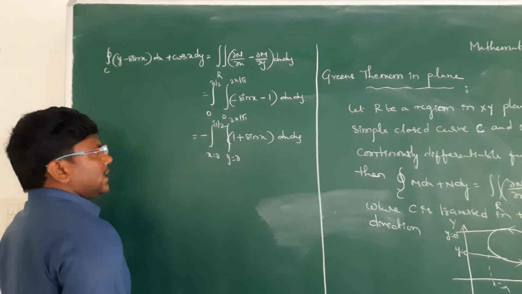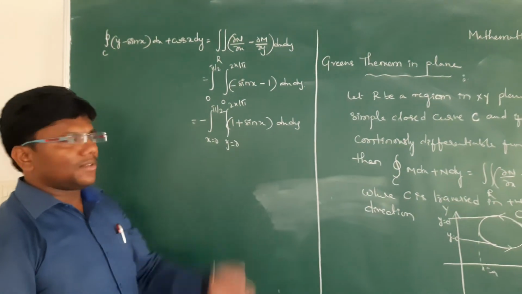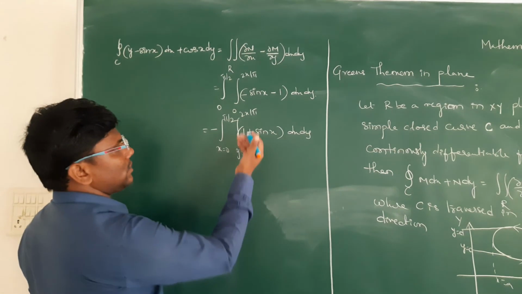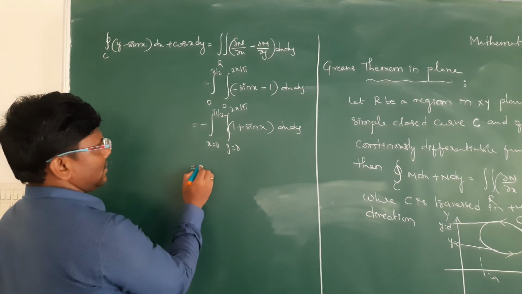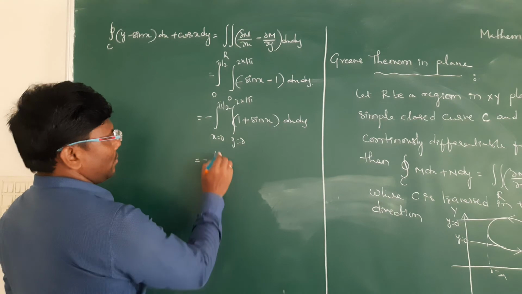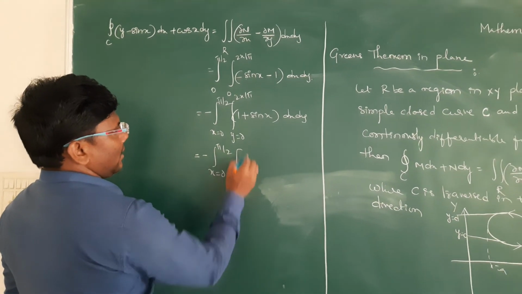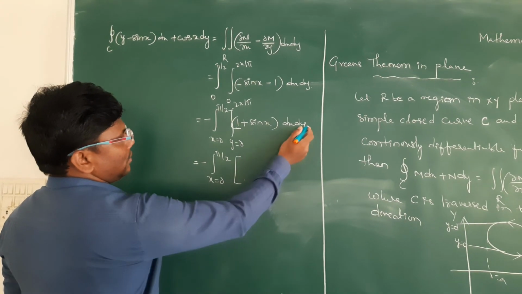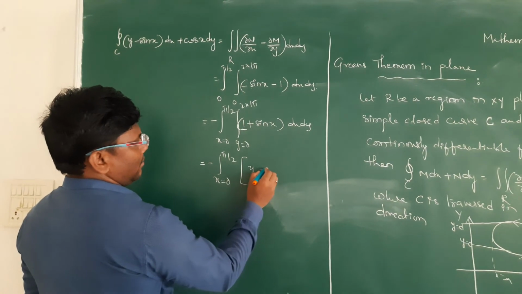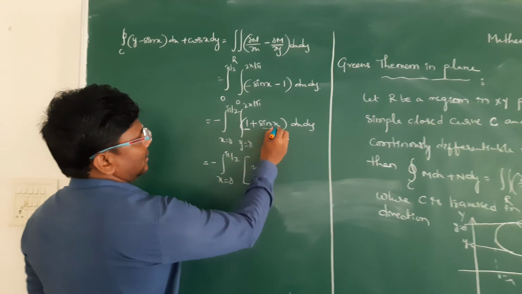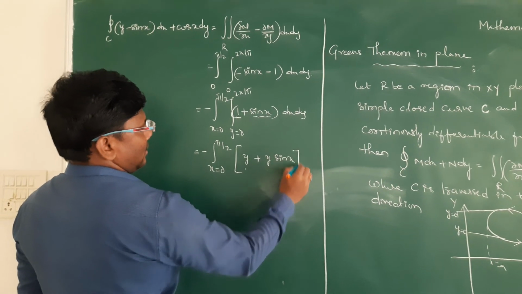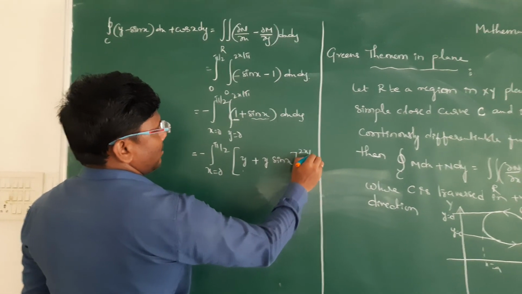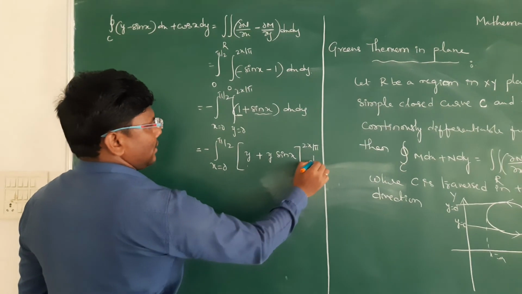Here x limits are constant, y limits are in terms of x. First we integrate with respect to y and substitute the limits, then integrate with respect to x. Minus the integral x equal to 0 to pi by 2, the integral of 1 into dy, that is y, plus y into sin x, limits from 0 to 2x by pi, into dx.